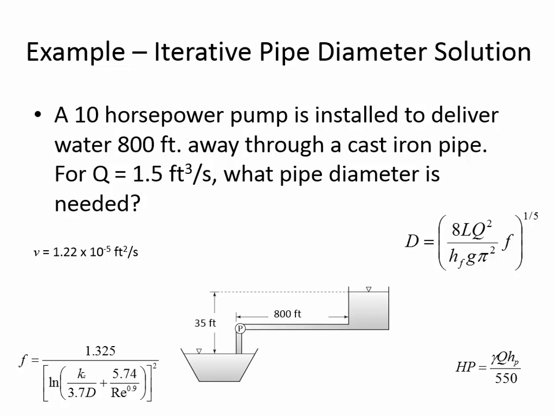It's cast iron pipe, and that tells us the equivalent sand roughness of the material. We know the flow rate that's required, and what we're trying to do is size the diameter of the pipe. Everything is known except for how big the pipe is going to be. And this is an unusual problem where actually the head loss is going to be fixed by the characteristics of the pipe. And so let me show you what I mean by that.